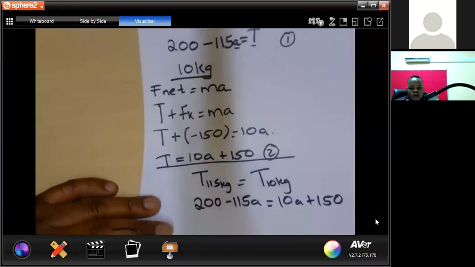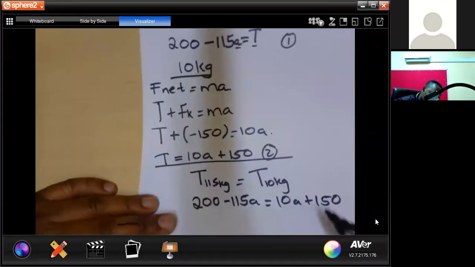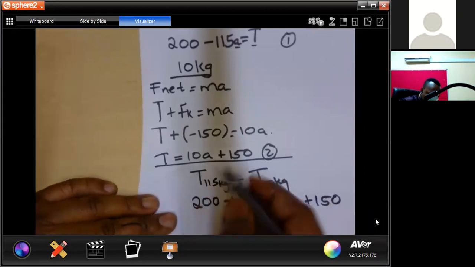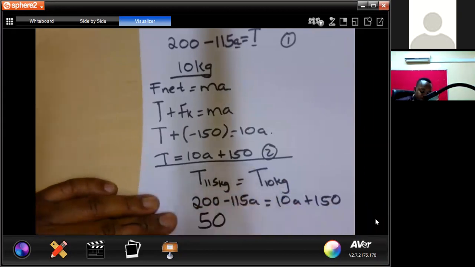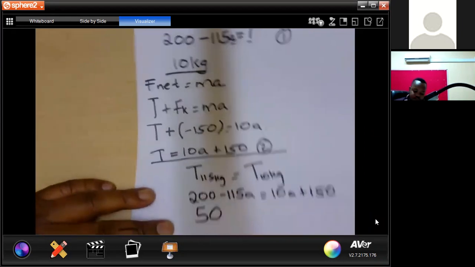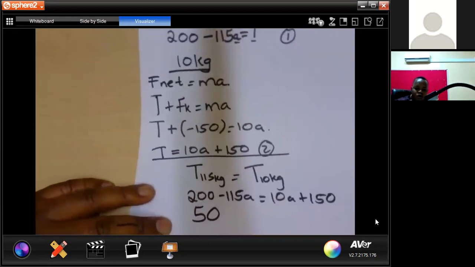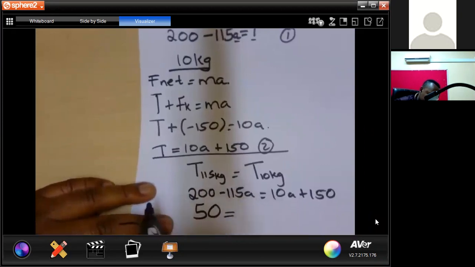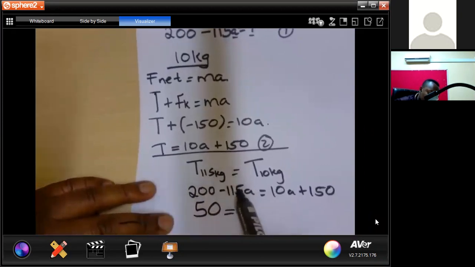If you do your mathematics, if you take the 150 this side and bring it this side, it will be negative. So 200 minus 150 will give you 50. And that will be equal to, if you take the 115A that side, it will be positive, so 10A plus 115A because they are like terms.